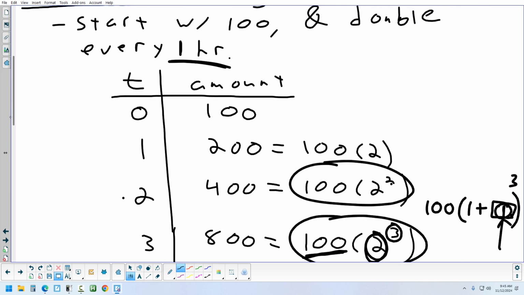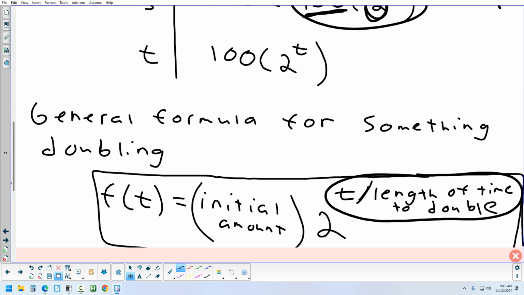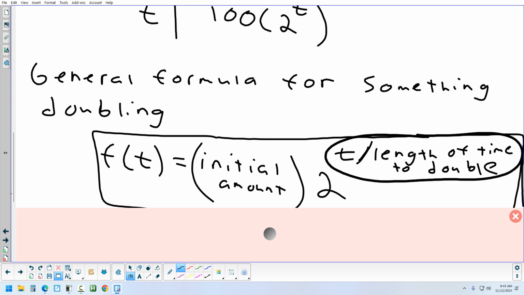Let's say the bacteria doubled every 3 hours. After 9 hours, how many times would something have doubled if it doubles every 3? It would have doubled 3 times. How about after 12 hours? If it doubles every 3, how many times would it have doubled? 4.